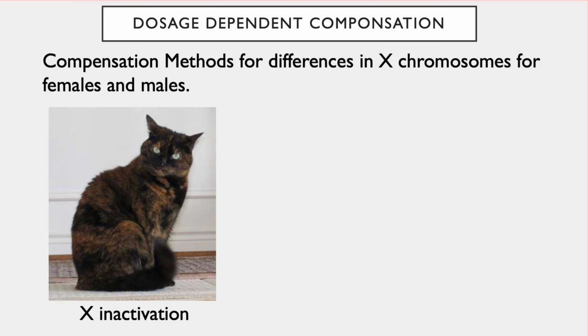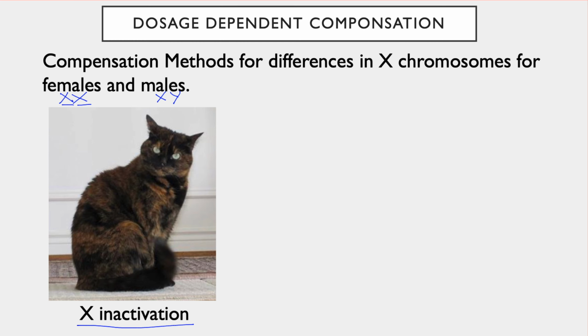Remember, females are XX and males are XY. With females having 2 X's, we have twice the dosage of the genes on the X chromosome as the male. So we go through a process called X inactivation.